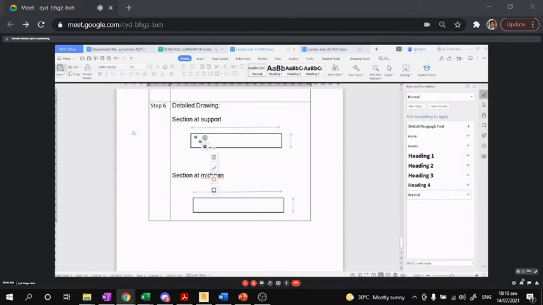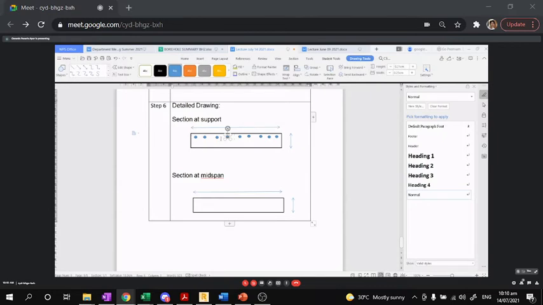There are two, three, four, five, six, seven, eight. That is the main reinforcement, continuing with the reinforcement in the slab.